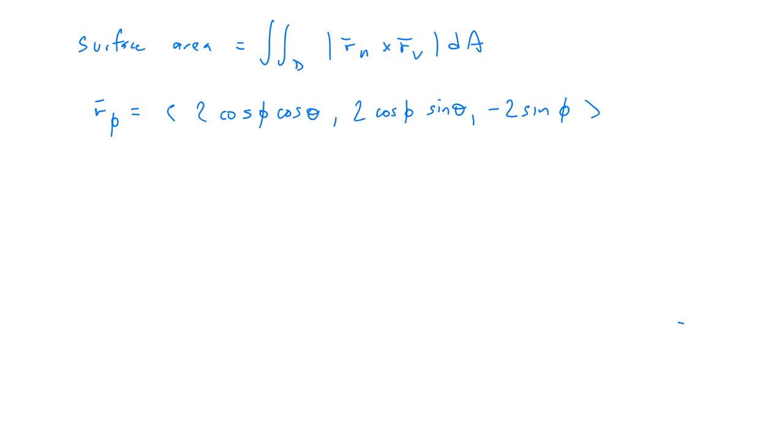As always, you're going to correct me. This is the derivative with respect to phi. And the derivative with respect to theta is, for x, the sine phi stays the same, and the derivative of cosine is negative sine.